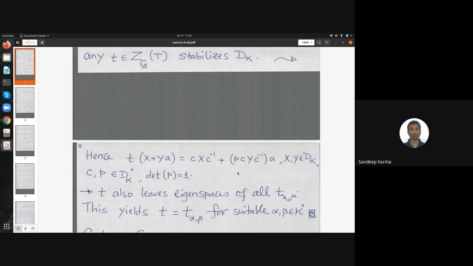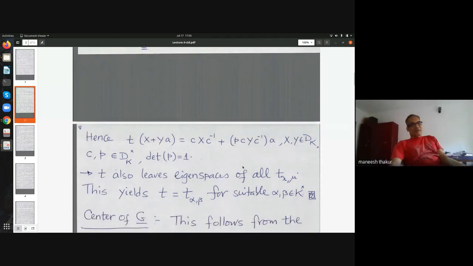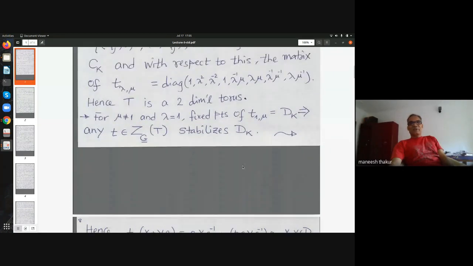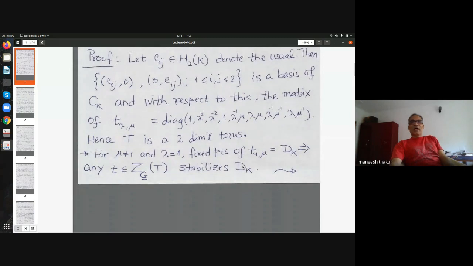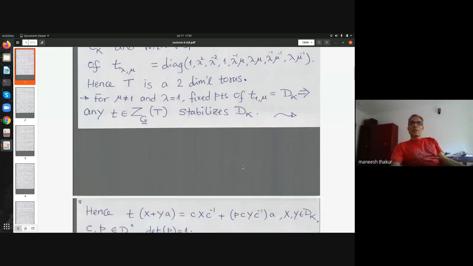So can we summarize your argument as saying that the centralizer of T is contained in D star cross SL1D, and by dimension considerations, T has to be a maximal torus of D star cross SL1D, something of that sort? Not really. Once we prove it stabilizes D, then exactly, you're right, correct.